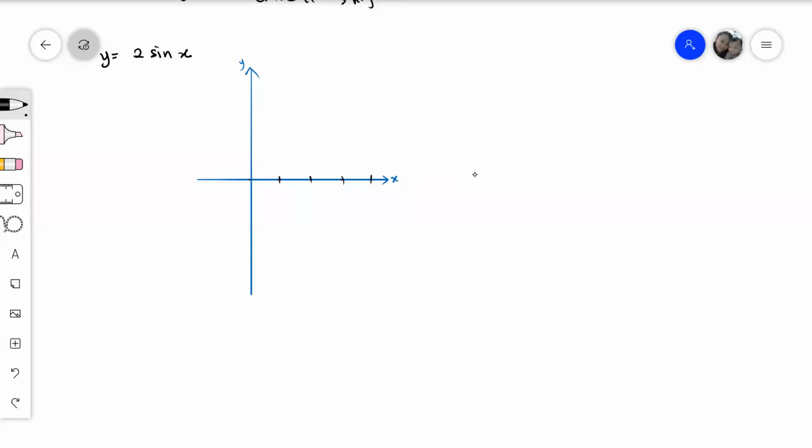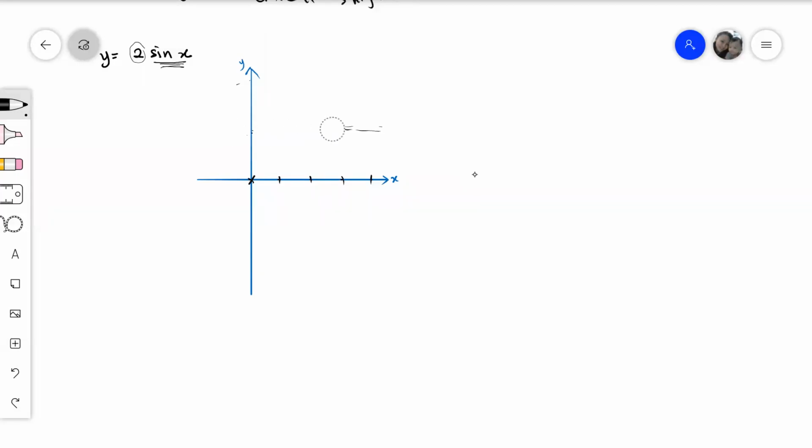Look at the sine x graph first. This is the amplitude. That means our mountain and valley, the maximum displacement, must be 2. We start with 0, and normally we would mark down our maximum 1 and then go to 2, but since here we can just straight away draw 2, instead of writing 1 and 2, we can mark this as 2. I hope you get what I mean.